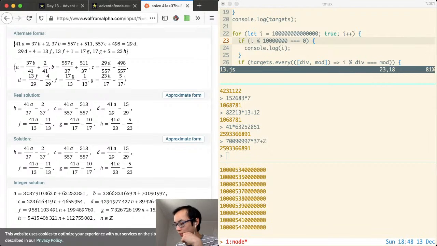Oh, you can just rewrite everything in terms of A. Yeah, you can just rewrite everything in terms of A. What the? B is that, so times 13. Oh no, that doesn't work.